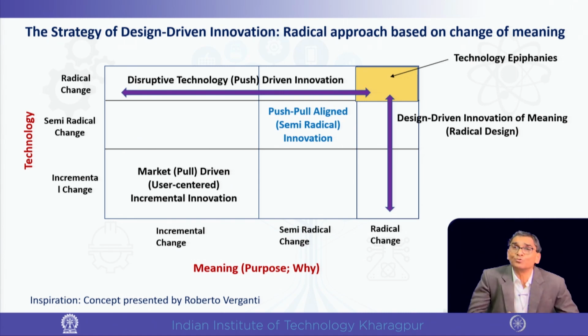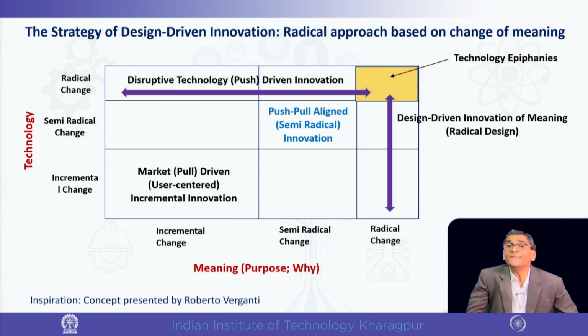disruptive technology, that is push, that disrupts the market, the new product is bringing that disruption in the market, replacing the old products and creating a new market for itself. That is called disruptive technology, and this technology is a push, or a push driven innovation.